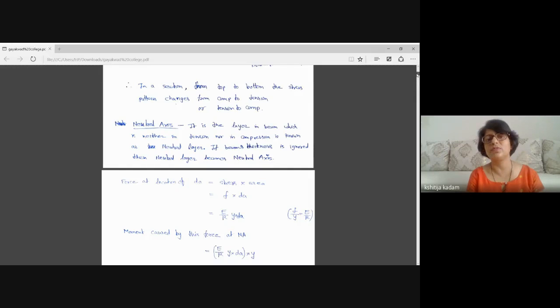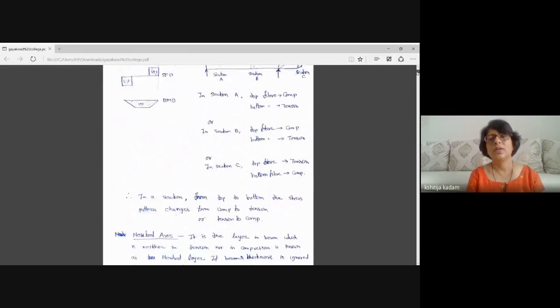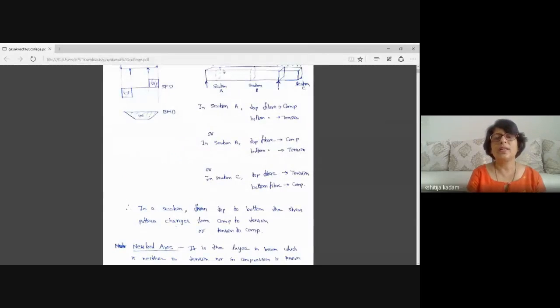In all the three sections which we have seen in the sketch, in section A, topmost was compression, bottommost was in tension. So across the thickness of the beam, if we move, the type of stress changes from compression to tension.